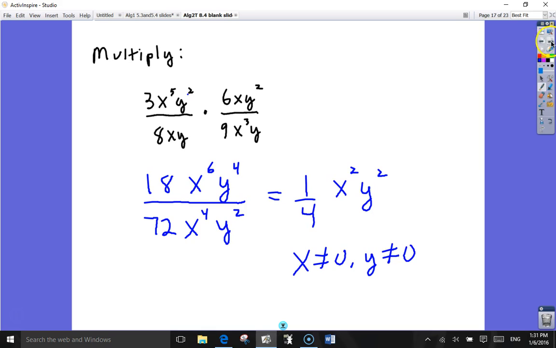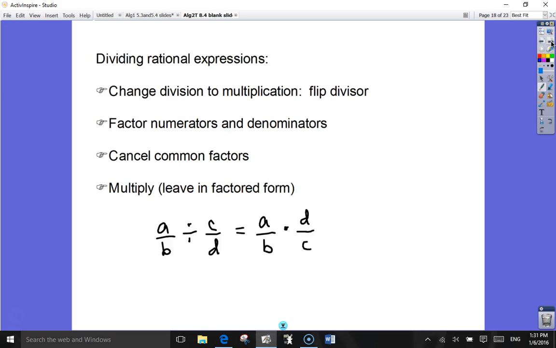Which I think leads us to dividing. Dividing rational expressions. In order to divide rational expressions, which are fractions, you have to remember how we divided fractions. You divide fractions by multiplying by the reciprocal of the second fraction.